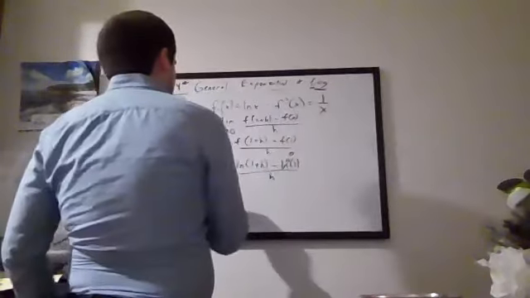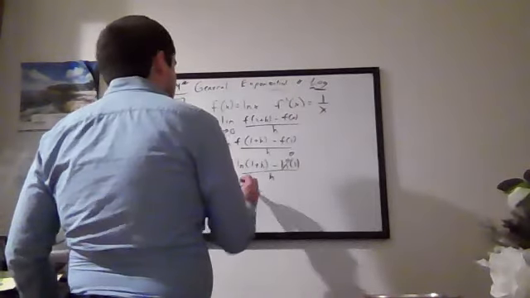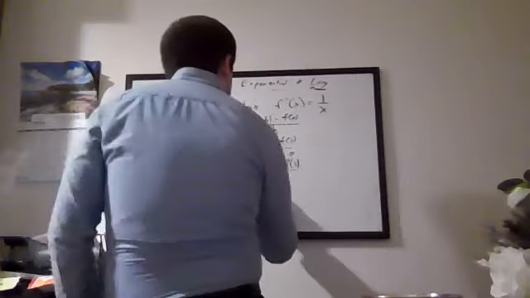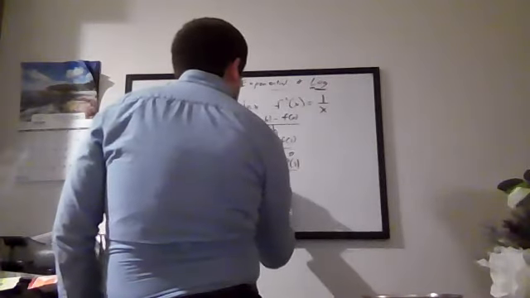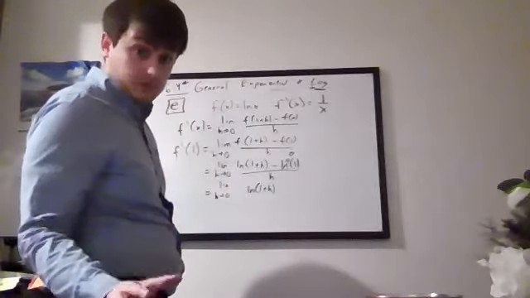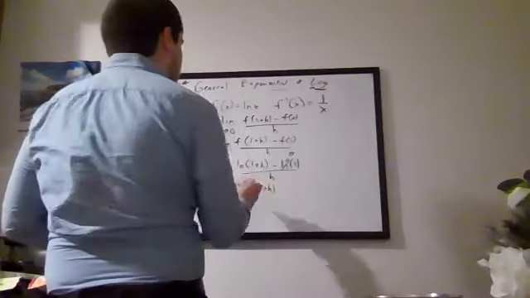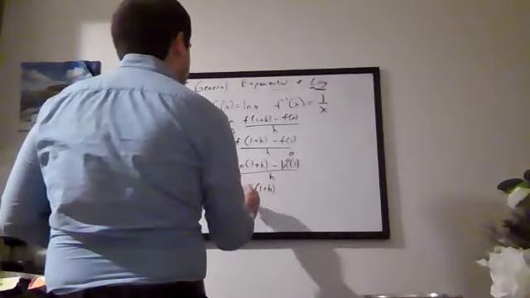Okay? So we're left with the limit as h approaches 0 of the natural log of 1 plus h, right? But I also am dividing by the h. What I'm going to do is take that h on the bottom and bring it to the front as 1 over h.